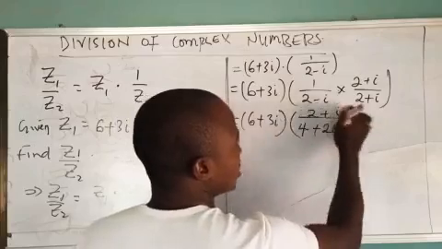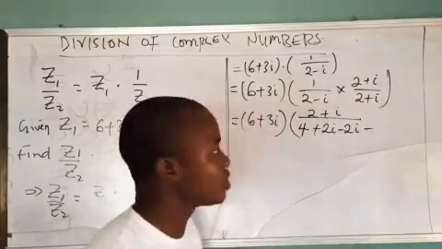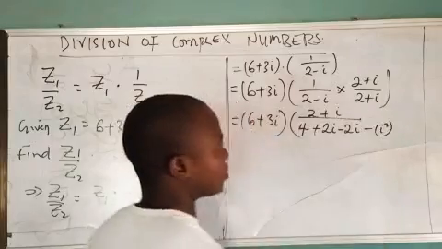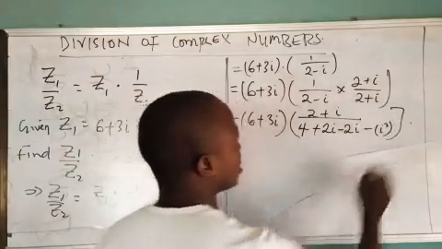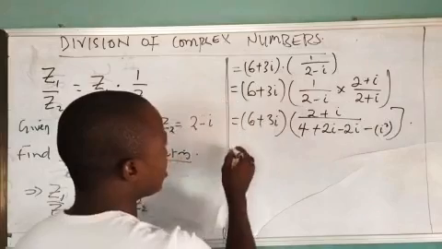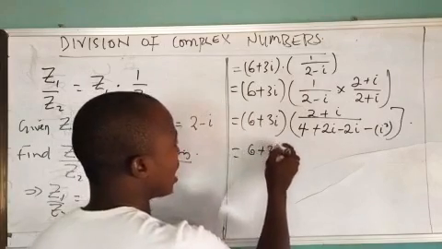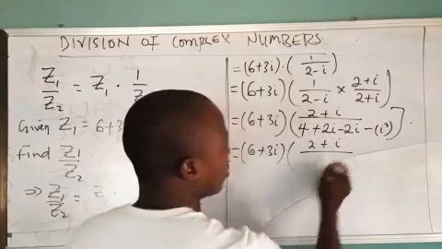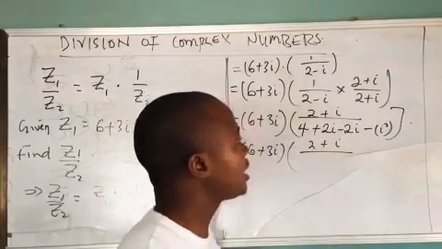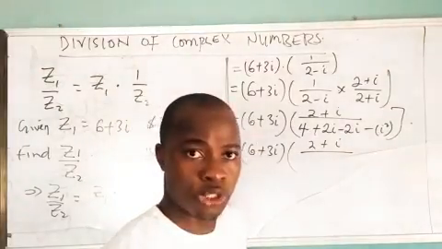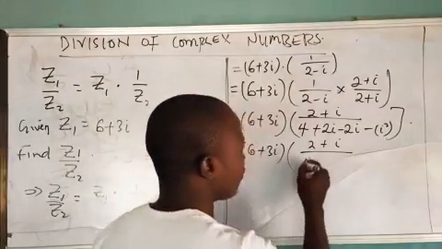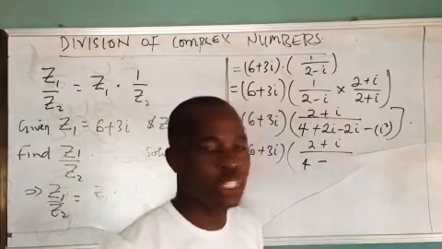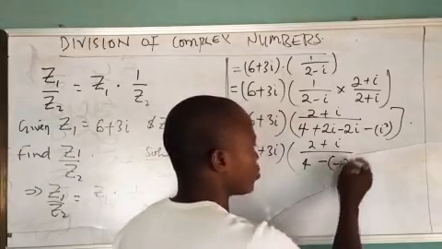Then minus times plus gives minus, and i times i is i squared. Are you getting what I'm doing now? So from here we have 6 plus 3i times 2 plus i over, you can see 2i minus 2i turns 0. We have 4 minus i squared, which is the same thing as 4 minus of minus 1.